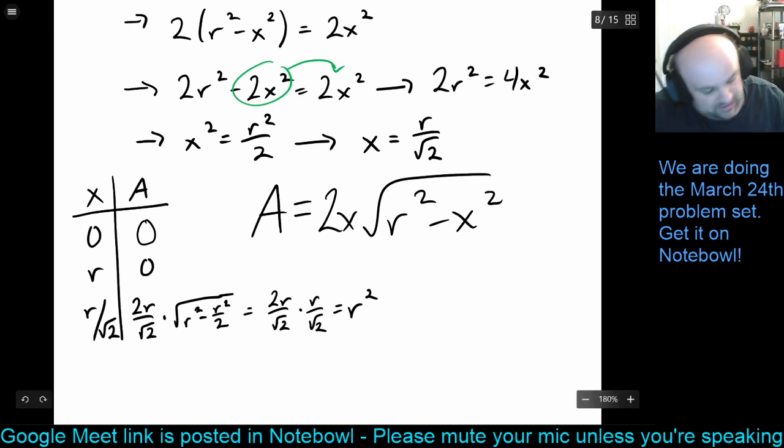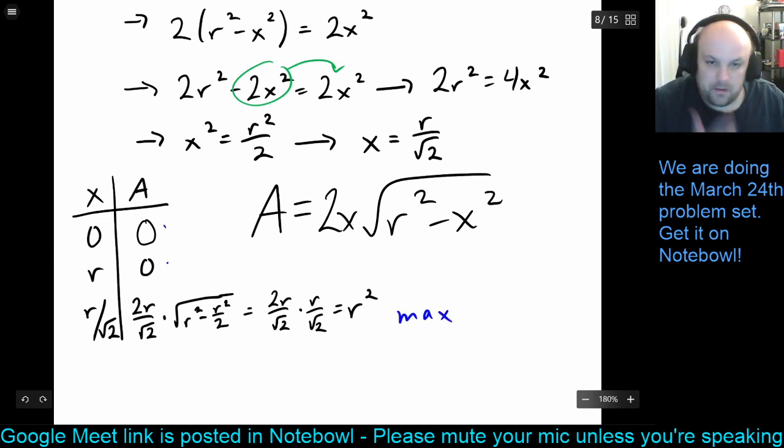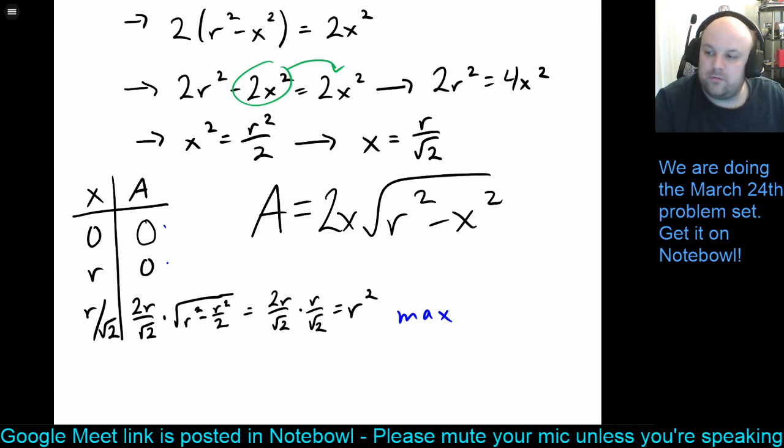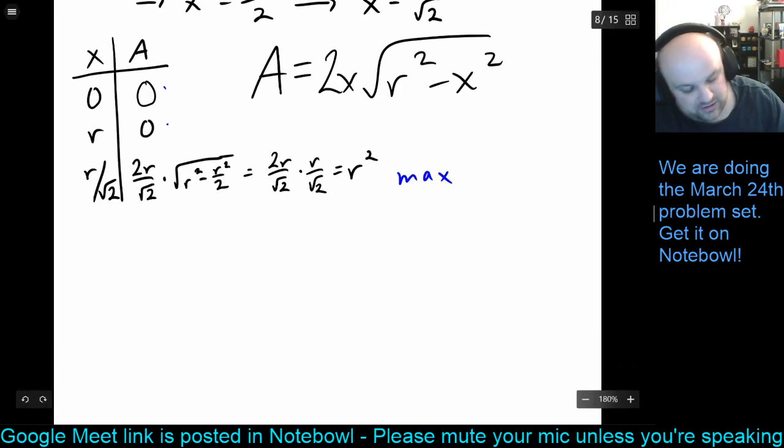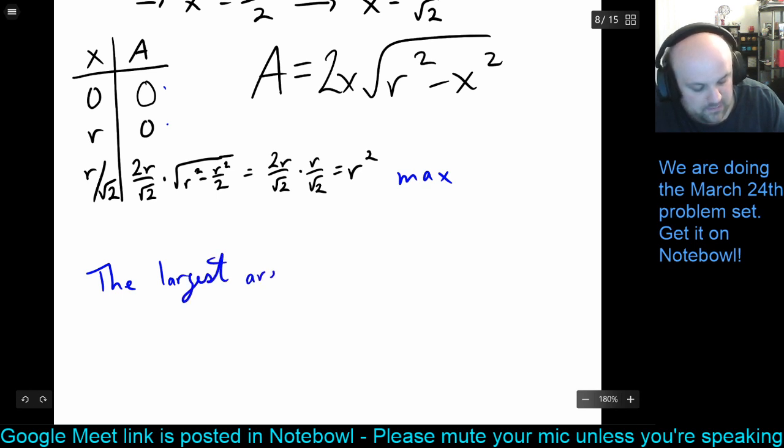So this is the max here, because the other ones are 0. So the question is asking, what is that largest possible area? The largest area is r squared.